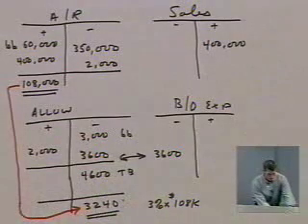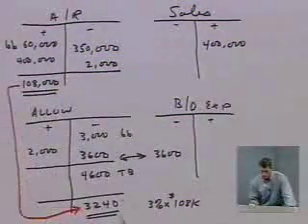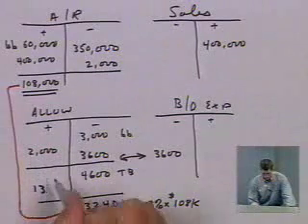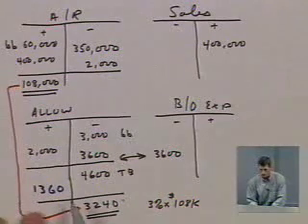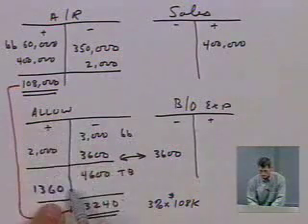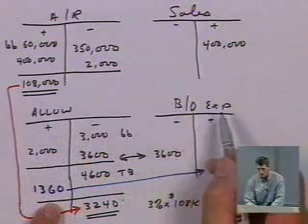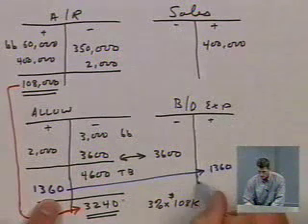We would have to debit this allowance account, and I'll do it in blue. This is our adjustment for 1,360. Now, what is the rest of that entry? Well, we debit the allowance account, and we credit the bad debt expense account for 1,360.